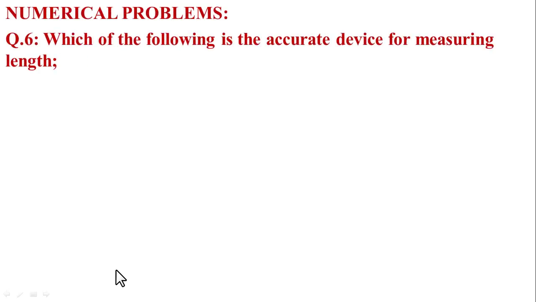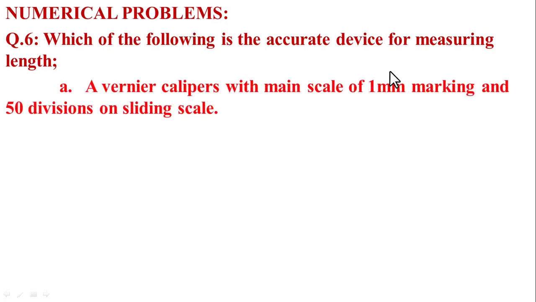Now we will start the numerical problem, question number 6. In question number 6, which of the following gives the more accurate measurement of length? In part A, a vernier caliper with the main scale of 1 millimeter marking and 50 divisions on a sliding scale.